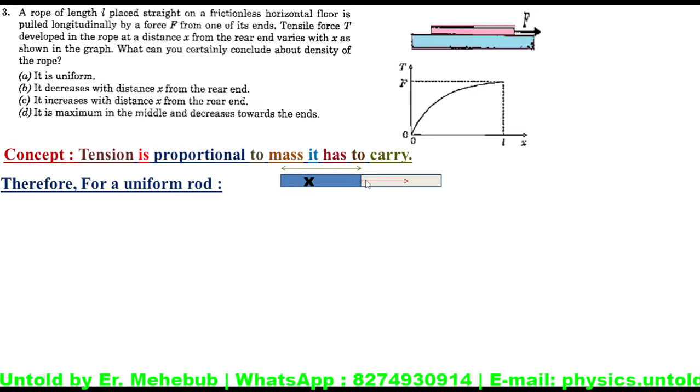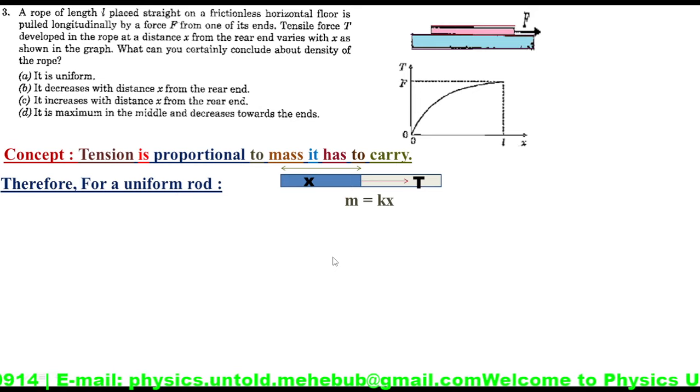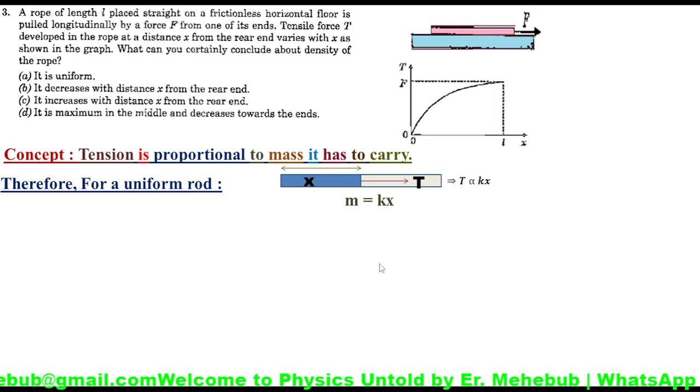There will be a tension developed at this segment due to the force applied at the front end, at a distance x from the rear end. Let the magnitude of this tension be T. Now the mass of this portion is proportional to distance, because if it is uniform, mass will increase with the distance. As the distance increases, mass increases.